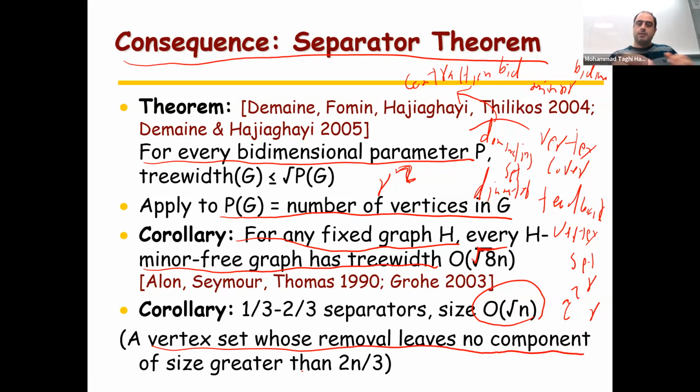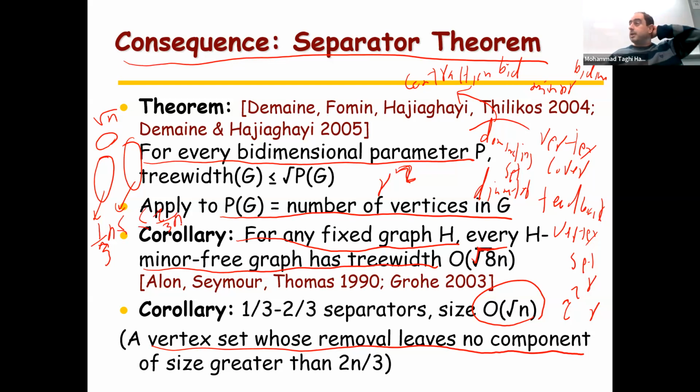So there is always, this is a separator theorem, a small number of vertices, in the order of square root of n, such that if you remove it, you can split the whole graph into components where the size of each is at least 1/3 of n and at most 2/3 of n. So that's the definition of a separator.